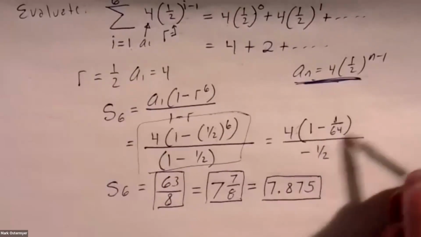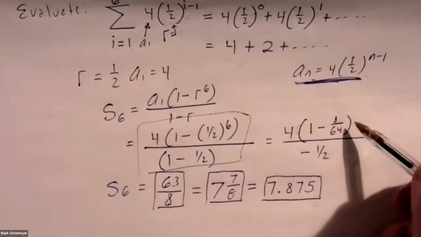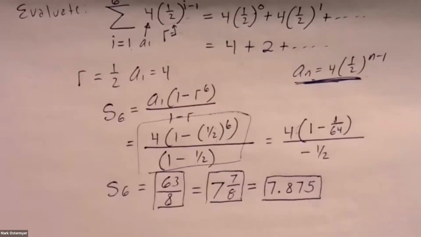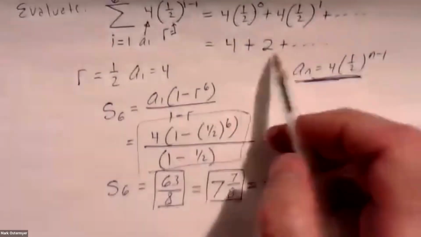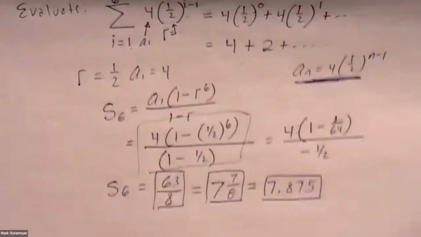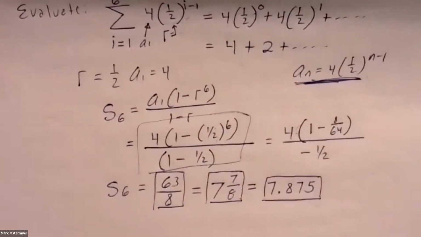So anyways. Would it be a negative because it's divided by the -1/2? Yeah, well, I think it's a negative over a negative. Oh, that would just be if you're doing like the -63/8. Let's see. Well, these terms are getting smaller, aren't they? 4, 2. So did we mess the sign up here?